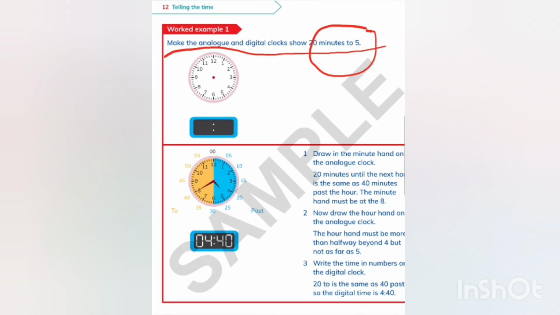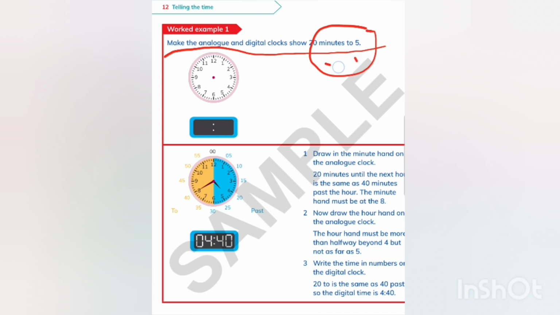But now it is 20 minutes to 5, meaning 20 minutes are remaining to 5 o'clock. If this type of question comes, I'm giving you a very easy tip.